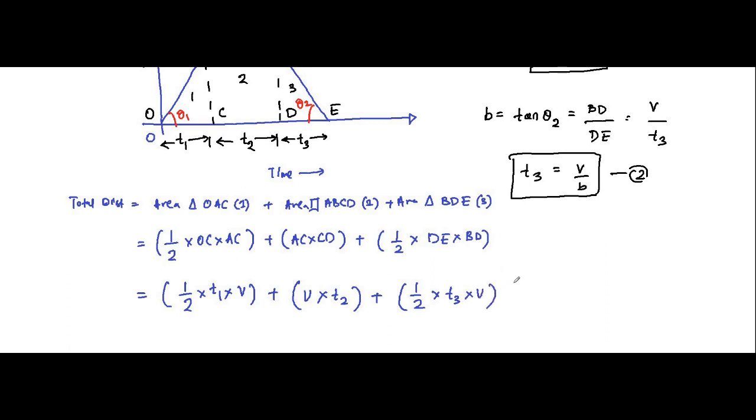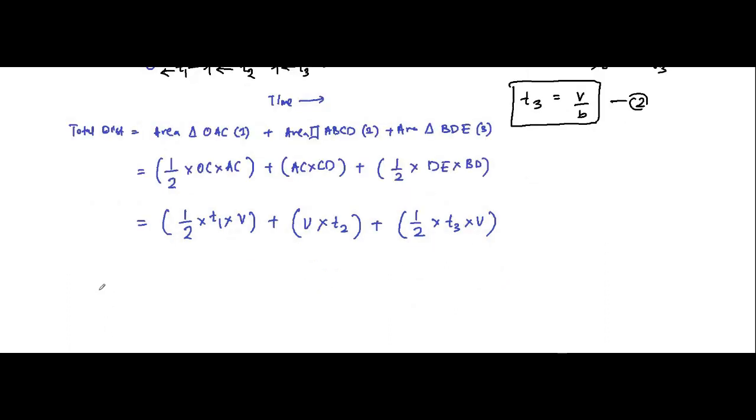So that implies the total distance S is equal to 1/2 VT1 plus VT2 plus 1/2 VT3.